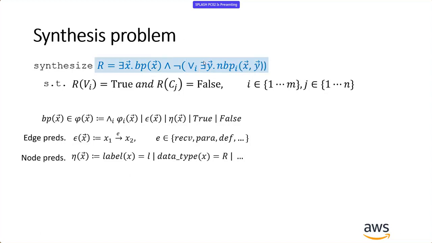And so the final syntax is as shown in this slide. So we have an existential quantification expressing a buggy pattern, and then we are further strengthening the rule with a negation of a disjunction of several non-buggy patterns.